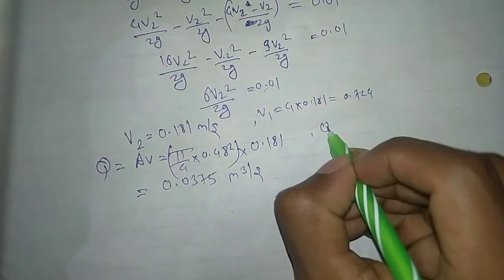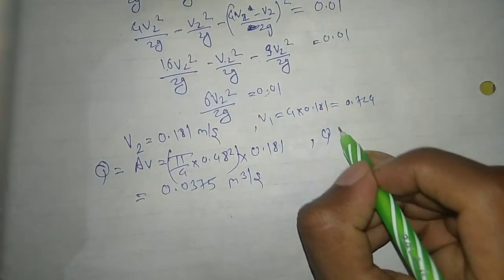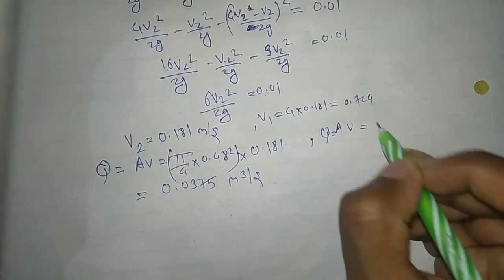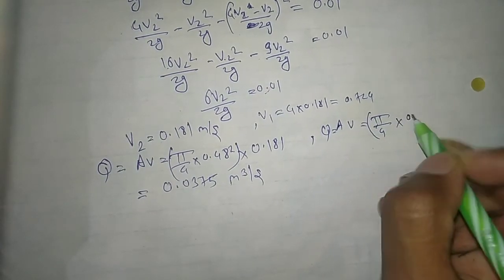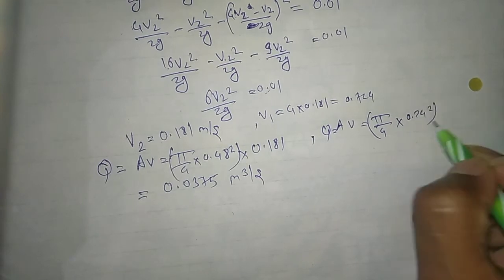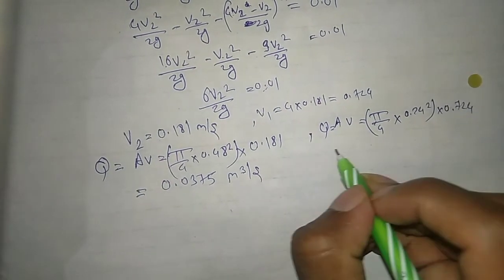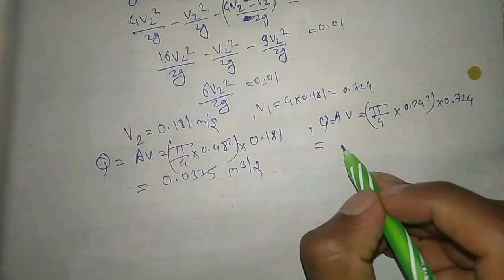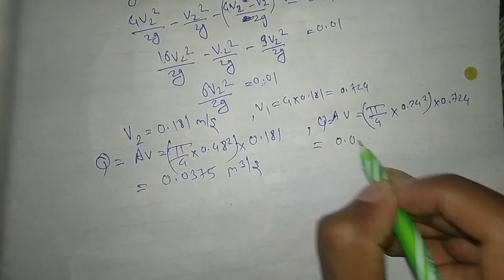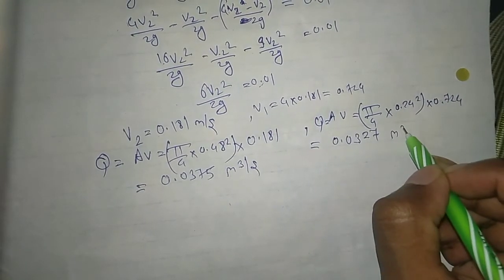If you calculate the quantity in that section, Q equals A V, pi by 4 into 0.24 square into 0.724. So here you will get the answer 0.0327 meter cube per second.